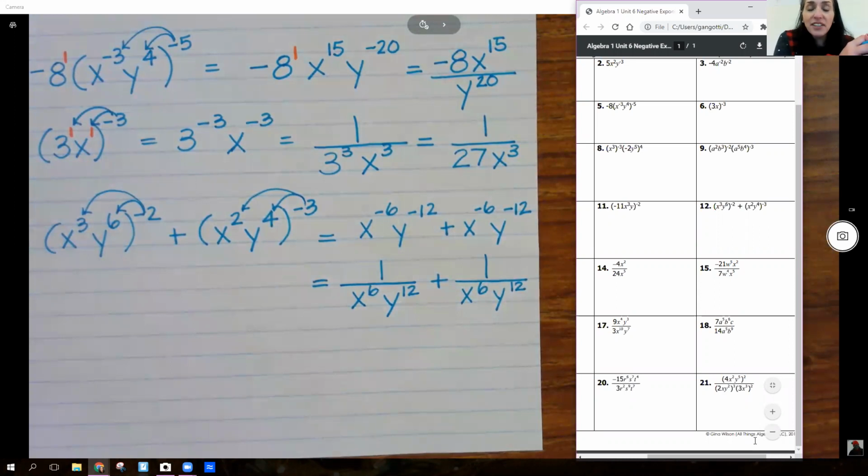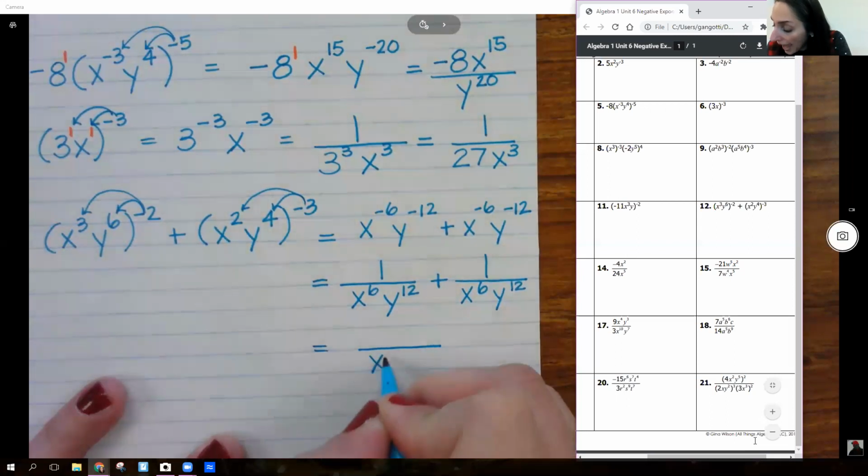So you have to go way back to when you first learned how to add fractions and think about what you have to do when you add fractions. Fractions, when you add them, have to have a common denominator. Well, we have a common denominator. So when you add fractions, you keep that common denominator.